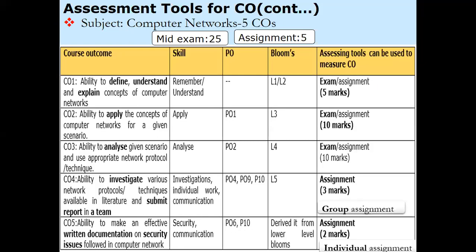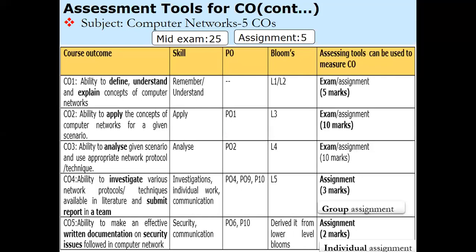As a faculty, your objective is to see what his contribution is as an individual, what it is in a team, and as a leader, what his contribution is in a team. You have to focus on that. I already told you that writing the CO is not a big thing, but you have to do the validation.